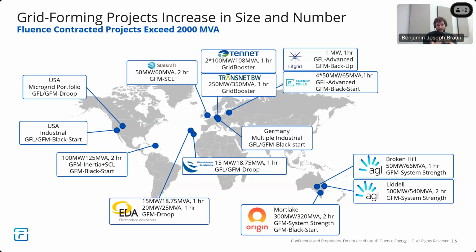Down in Australia, the grid forming system strength project was one where we have to promote the stability of the grid, particularly when connecting to low short circuit ratio points. Some of them, Mortlake for example, are also providing a black start service. This is different from the Statkraft project in the UK, which was designed and built for a very specific short circuit level, with a direct contract with National Grid to provide it.